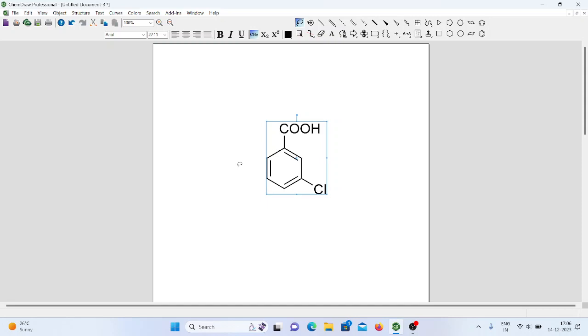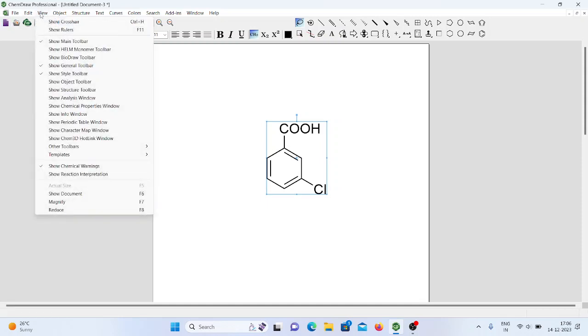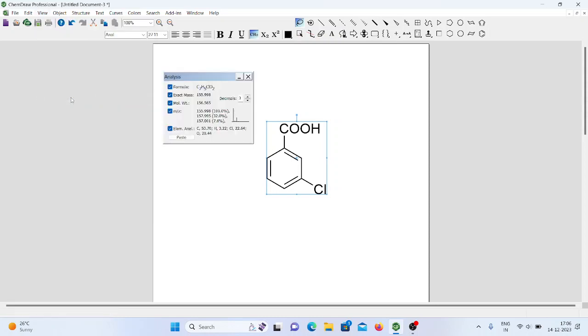For that purpose, what you need to do, simply select the molecule by using lasso or structure perspective. You can use any one of these for the selection of the molecule. So we have selected the molecule, then go to the option called View, the menu. In that, activate Show Analysis Window. This one you need to activate, Show Analysis Window.